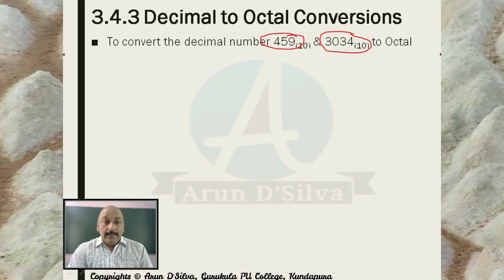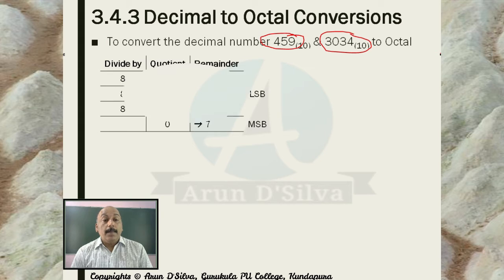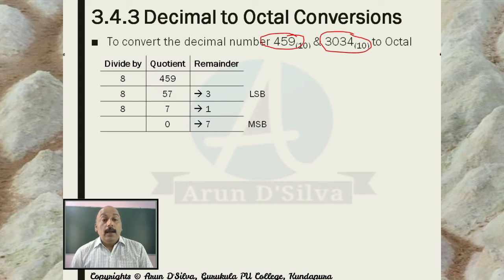Yes, students. The first number I'll take is 459. I'll divide it by 8, noting the quotient and then the remainder. 459 divided by 8, I get 57 as the quotient and 3 as the remainder.